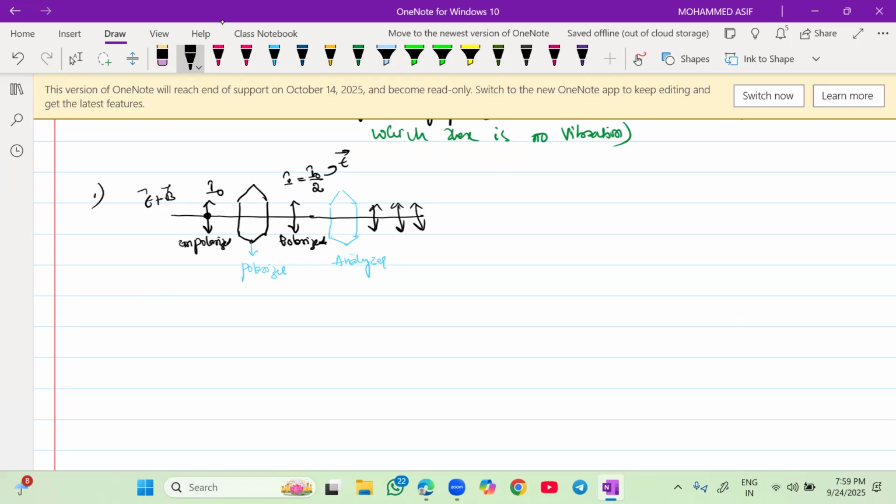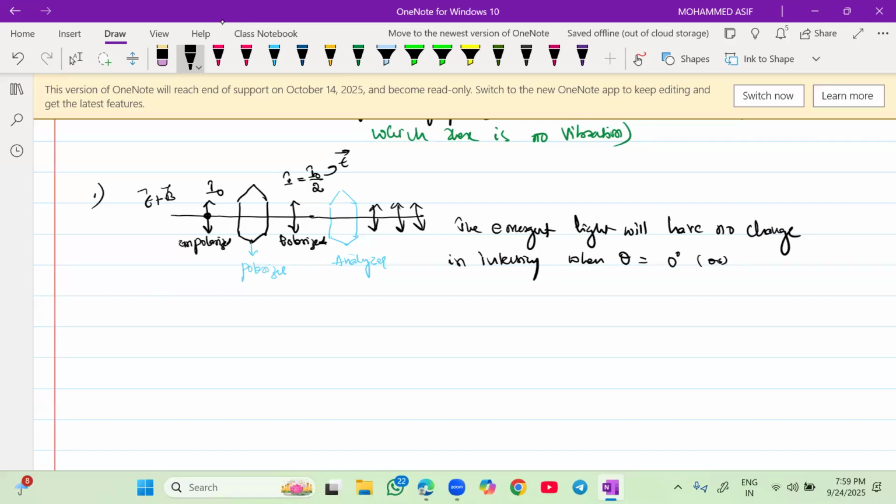So can I say that the emergent light will have no change in intensity when theta is equal to 0 degrees or 180 degrees. The intensity is maximum.